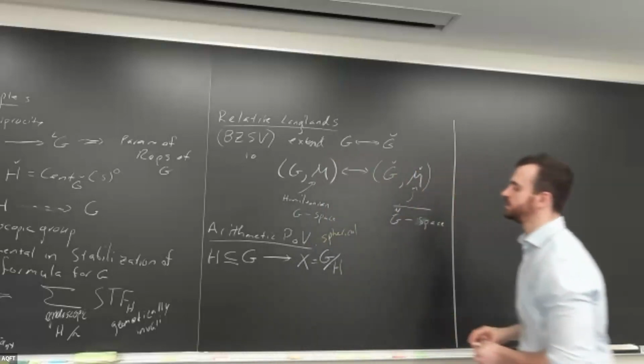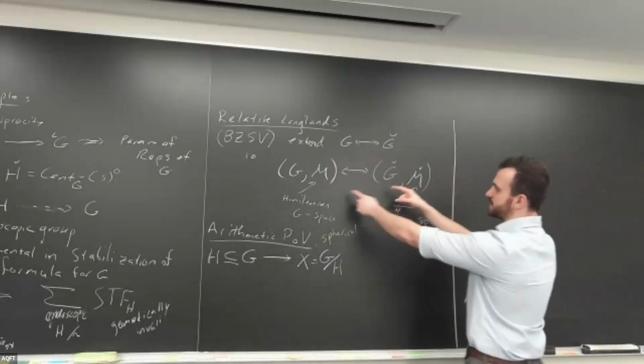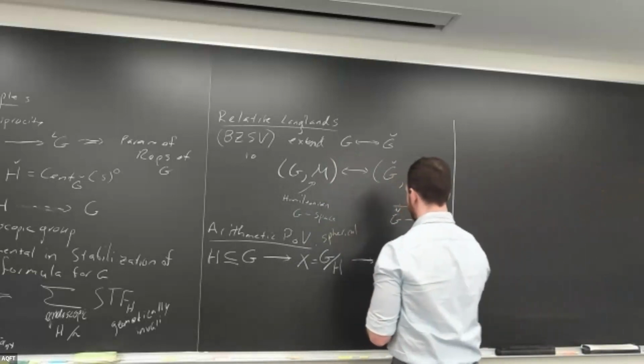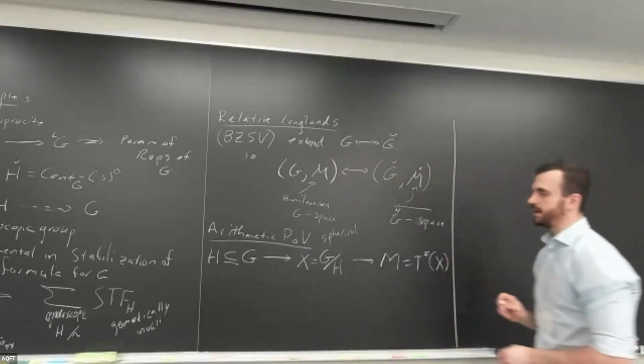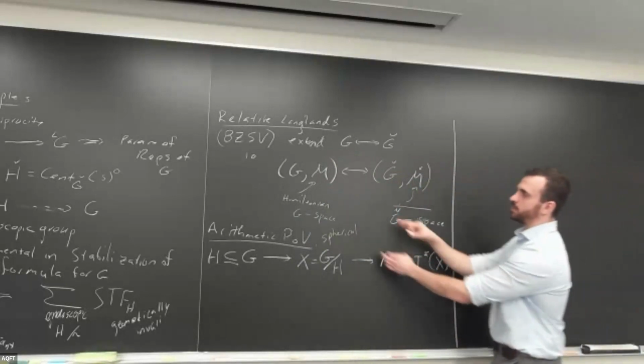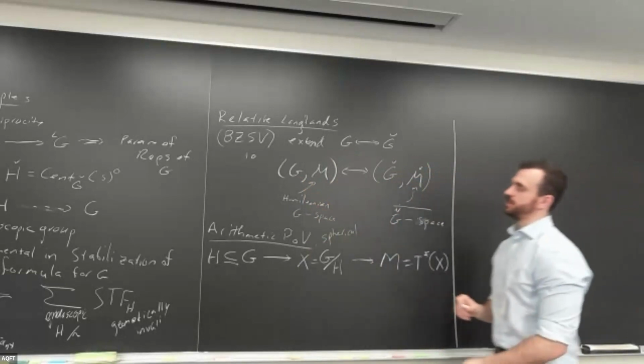Then what is this Hamiltonian space? The M you're interested in is the cotangent bundle of your variety. That would be the input that shows up in this context.